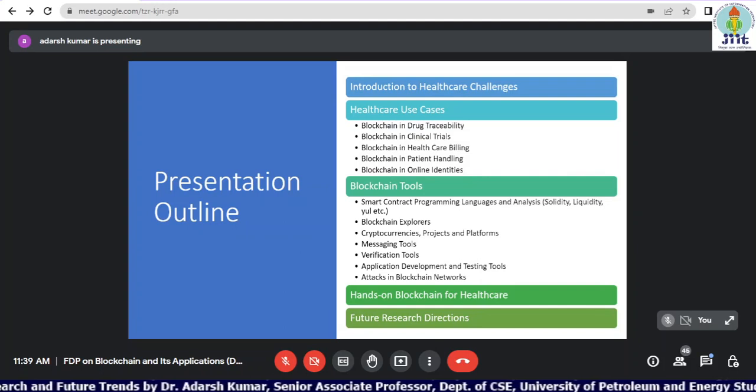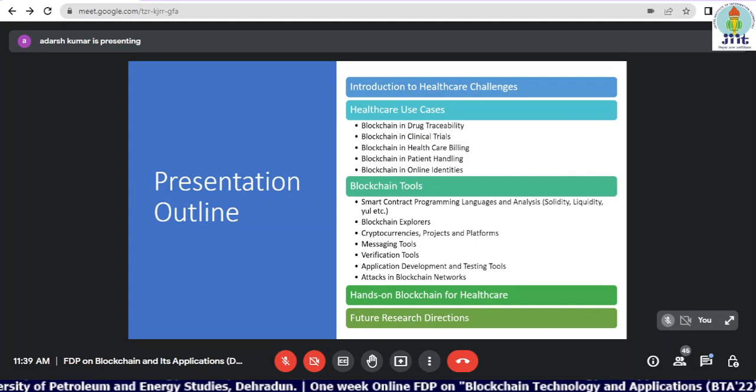Because in future we need high computation, and high computation is provided by quantum computing environments, and Liquidity is based on the OCaml language, and there is a quantum version of OCaml available. That way we will be able to integrate quantum computing and blockchain concepts with smart contracts.